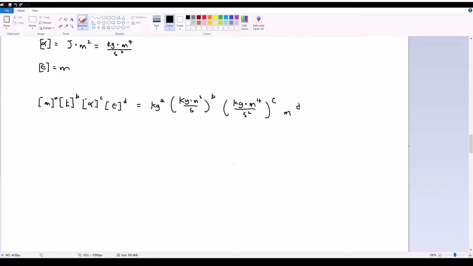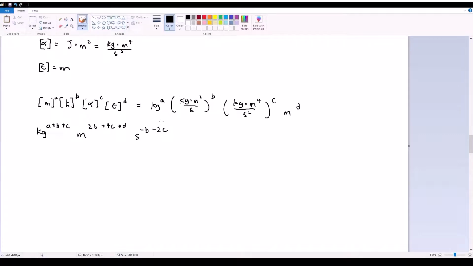Okay. So if we write this out fully, this is going to give us kilograms to the power of A plus B plus C, multiplied by meters to the power of 2B plus 4C plus D, and then seconds to the power of negative B minus 2C.